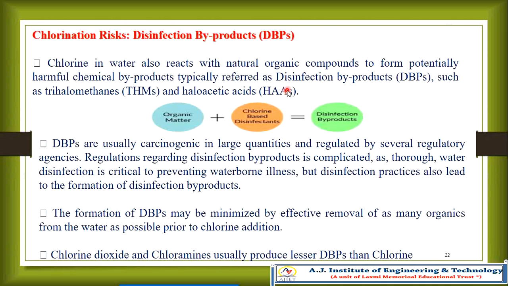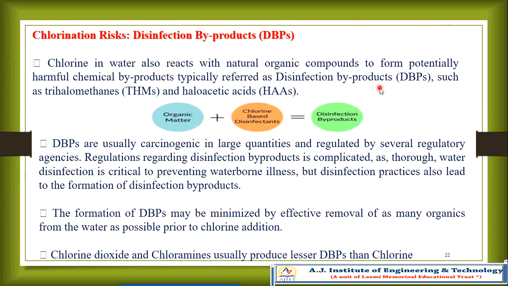These byproducts are typically disinfection byproducts such as trihalomethanes, THMs, or haloacetic acid, that's called HAA. Haloacetic acid.